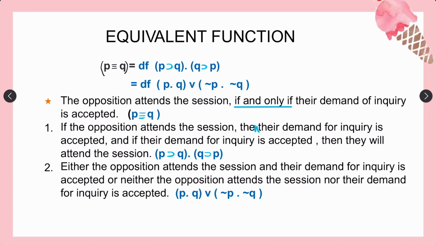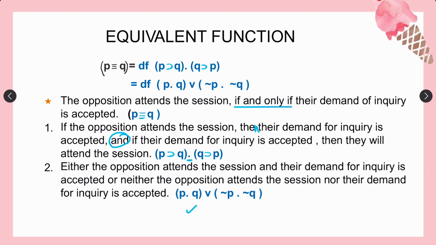So again horseshoe form, and here we put a dot. Either the opposition attends the session and their demand for inquiry is accepted, or neither the opposition attends the session nor their demand is accepted. So again this is in the form of P dot Q wedge negation P dot negation of Q.